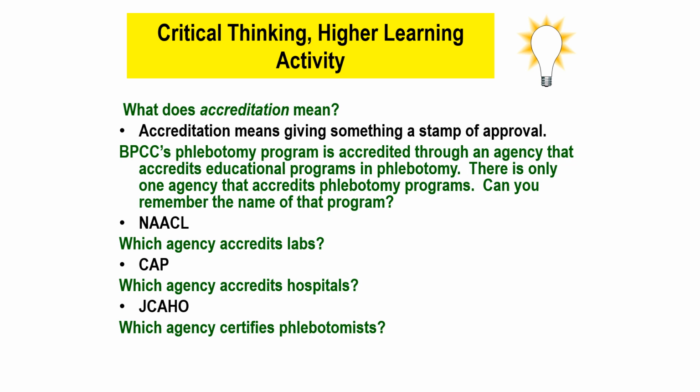Wording matters when you're taking your tests. Don't get fooled by the words. ASCP, remember that's certification. Don't get confused between laws, organizations, what accredits labs, what accredits hospitals, what certifies. Make sure you're doing your reading and going over and over this stuff, making sure you lock it in your brain. You need to know this to do well on your test.